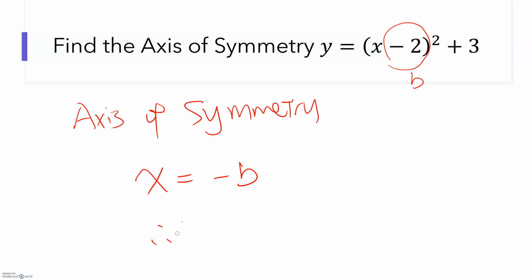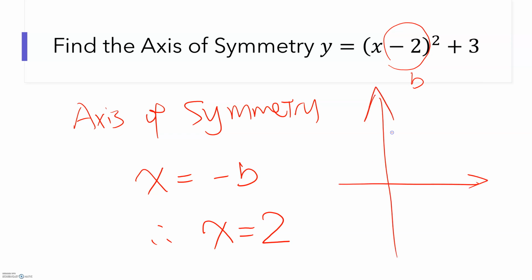Therefore, the axis will be x equals the negative of negative 2, which makes it positive 2. Now, if we draw that on the graph, we have 1, 2, and a vertical line goes through the second point, so that's x equals 2.